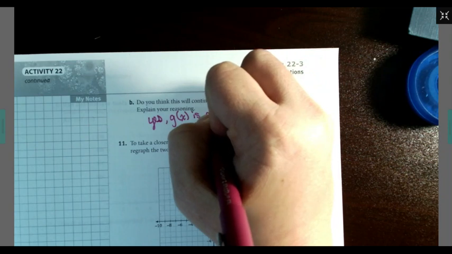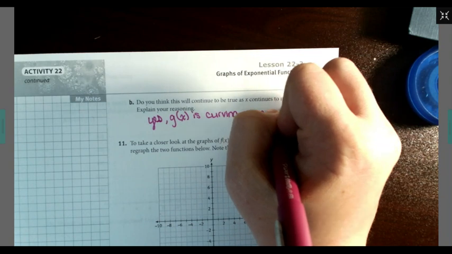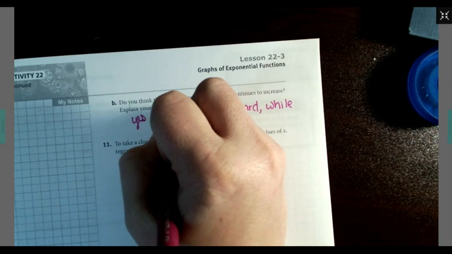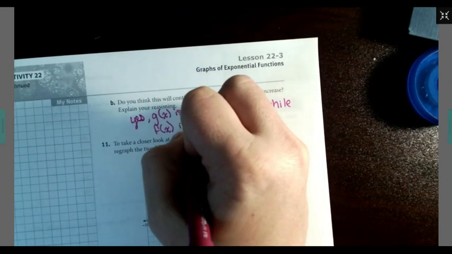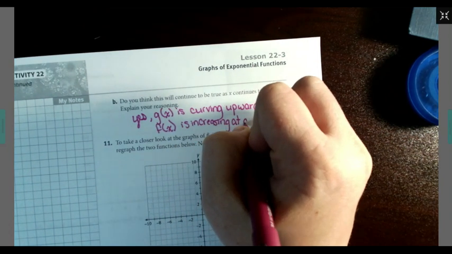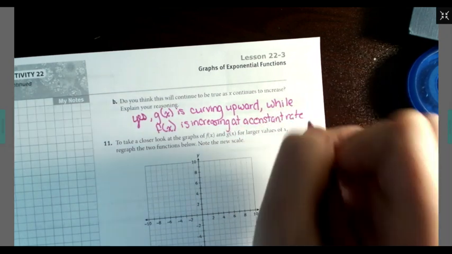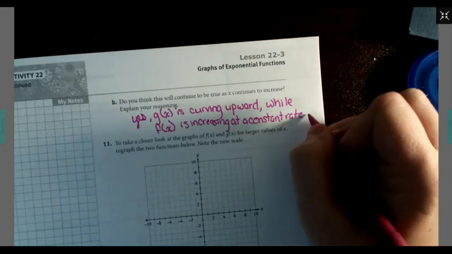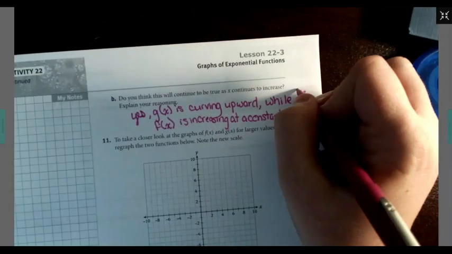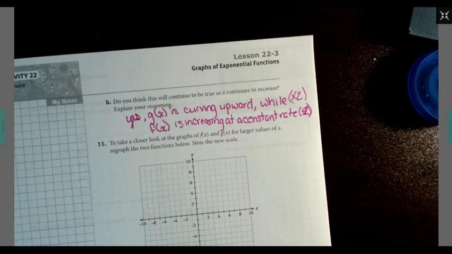G of x is curving upward, while f of x is increasing at a constant rate. Remember, we were just adding 2 here. And remember, this one was being times 2, times 2, times 2. So surely that times 2 is always going to outbeat the just addition of 2.